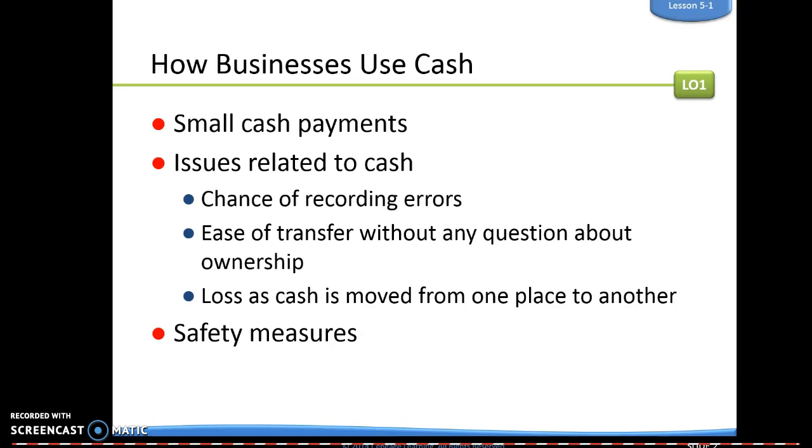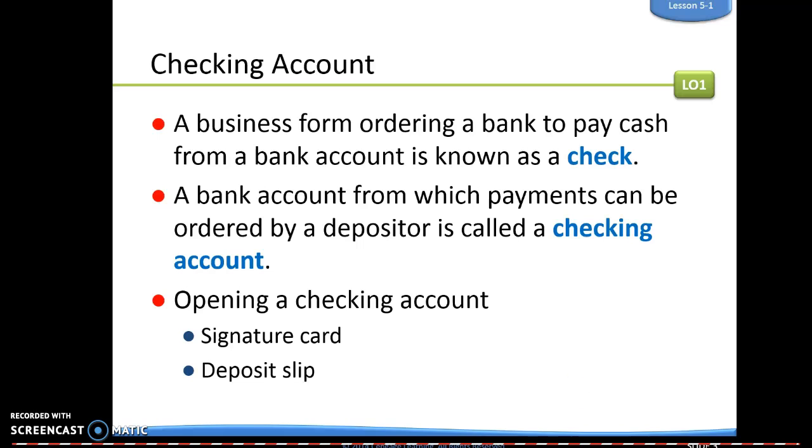The other thing is sometimes that cash can be lost pretty easily when we're moving it from one place to another. So for safety reasons, a lot of times businesses just don't use cash as much as maybe we do as consumers. So what they're going to use more often is a checking account.